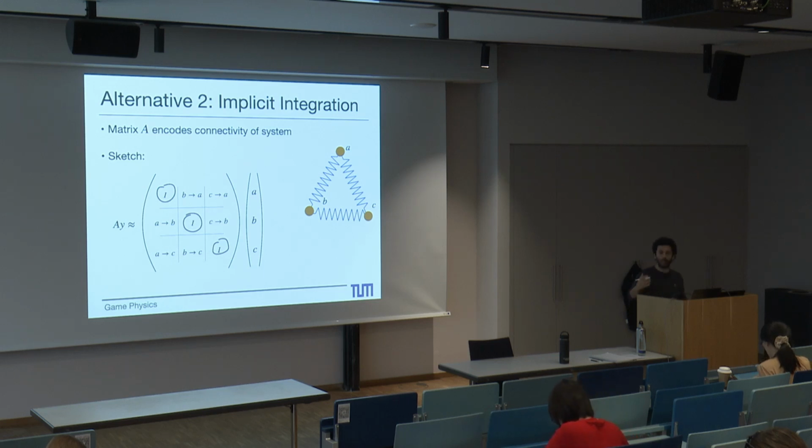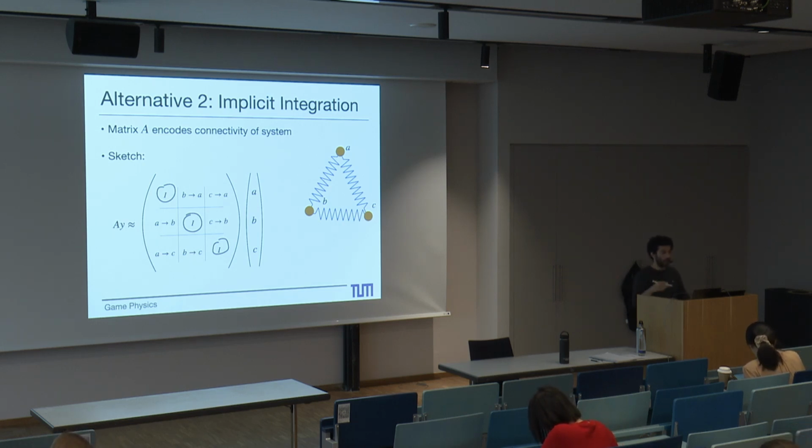But in the off-diagonal terms, we can actually see and find the different relationships between the different points. What is interesting here is the fact that now all the 3 points in our system are connected. So the matrix A in this case is full. So all the terms are full.